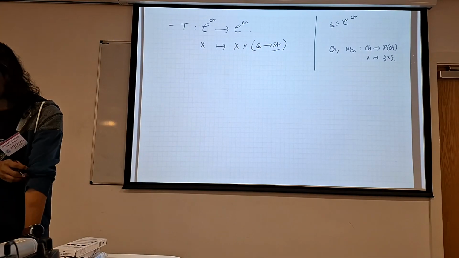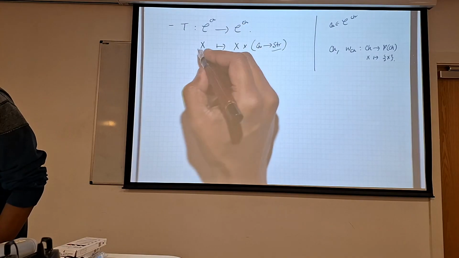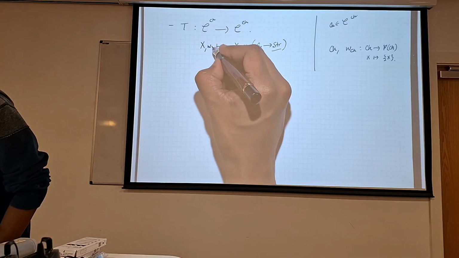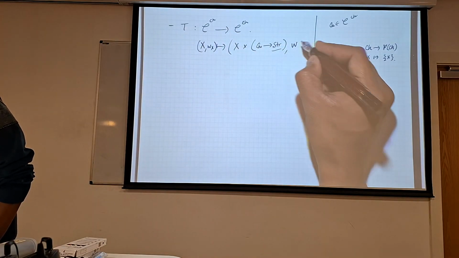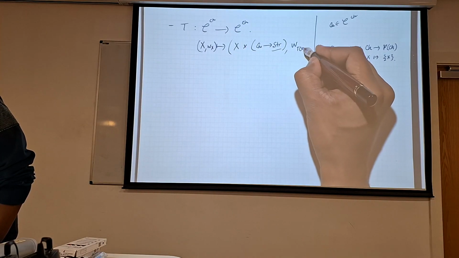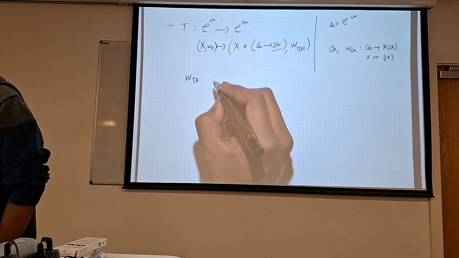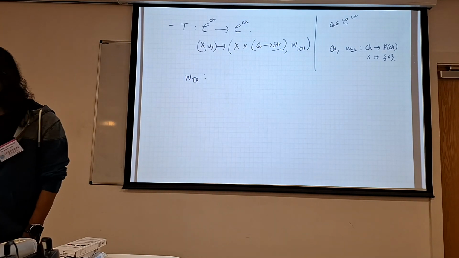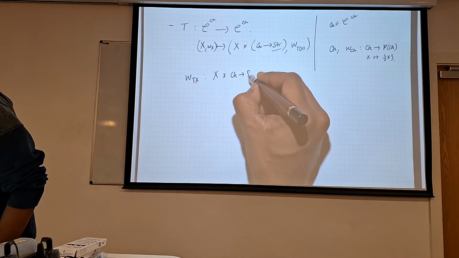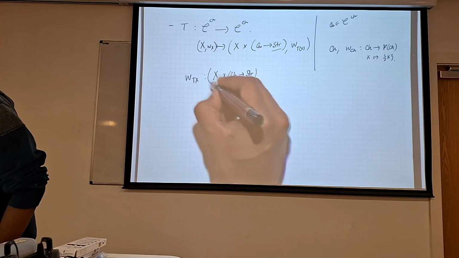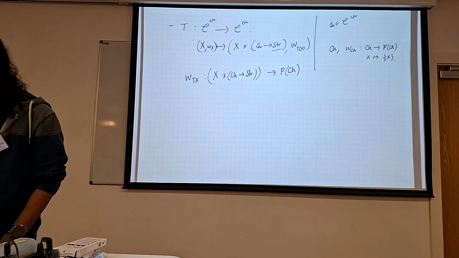So this is the mapping on objects. And objects are two things now. So I have to give you a W of Tx, right? Your W of Tx should be a thing from X times channel string to power sets of channels.